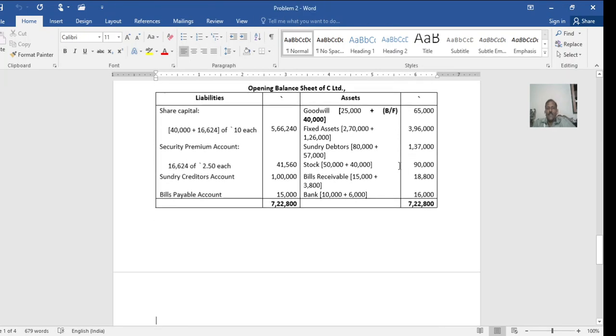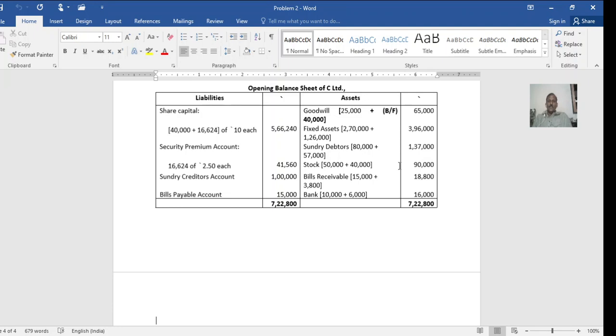Let me confirm. When you pass third entry in the books of C Limited, say each asset account debit: fixed assets, sundry debtors, stock, bills receivable, bank account, total it is 4,25,000. To liabilities: creditors 60,000, other one 5,000, so it is 65,000, and to business purchase account 5 lakh, total will be 5,65,000. 5,65,000 credit total, 4,25,000 debit total.